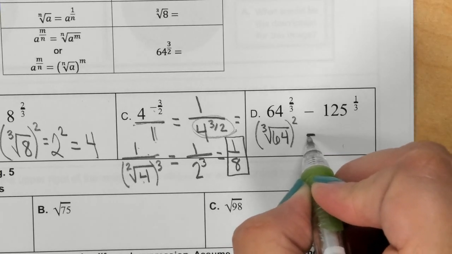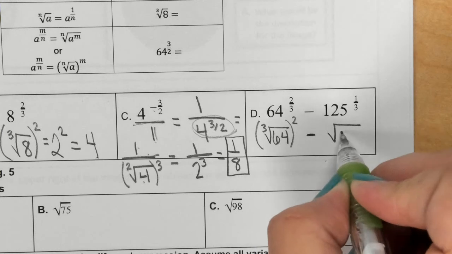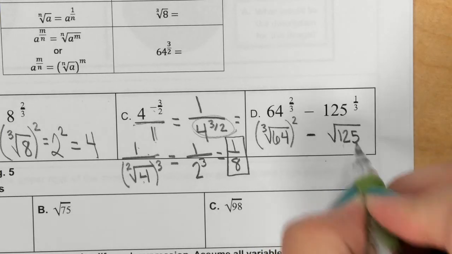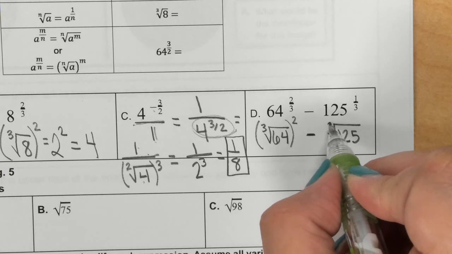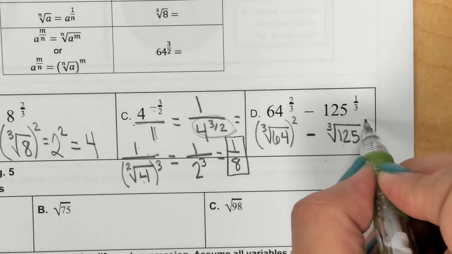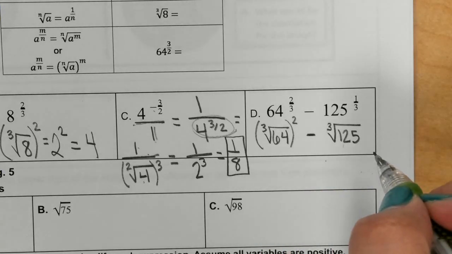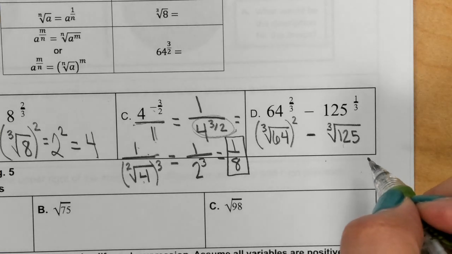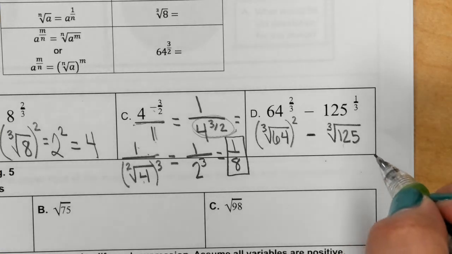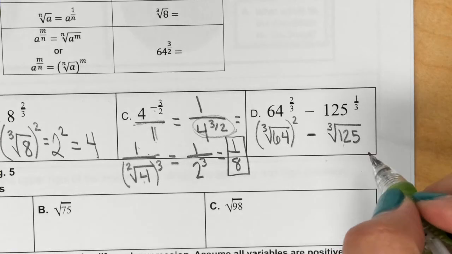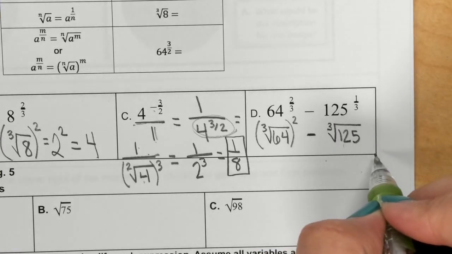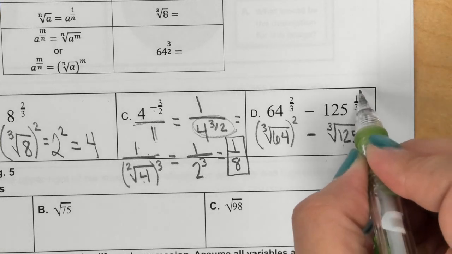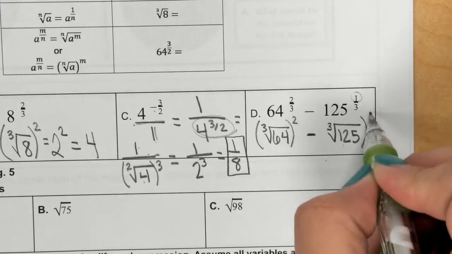Minus, we have the 125 inside of the radical, but what's the little number here? 3. And all of this is to what power? To the 1st.